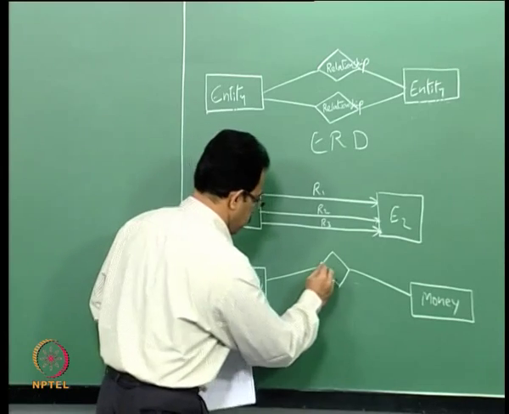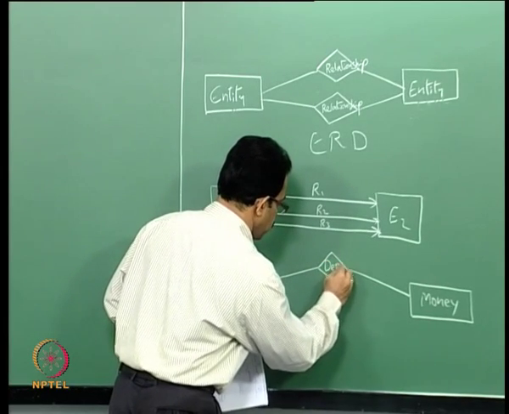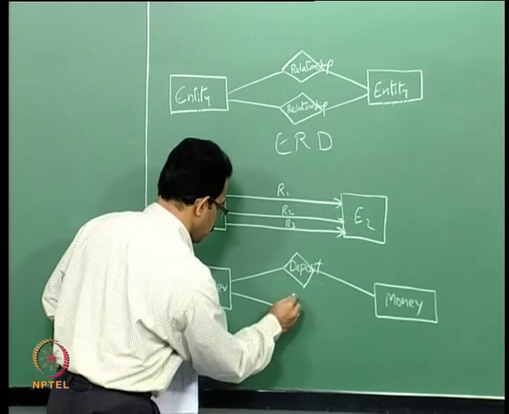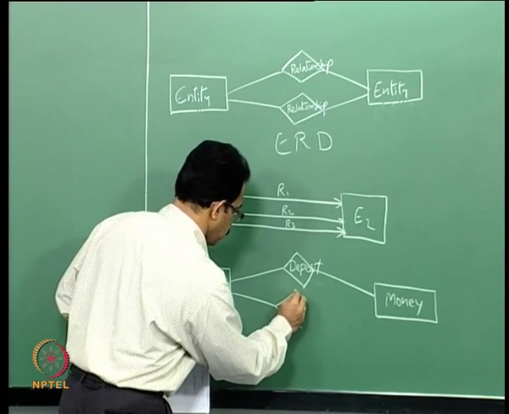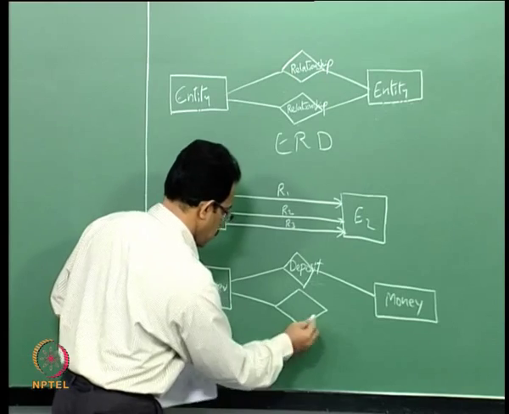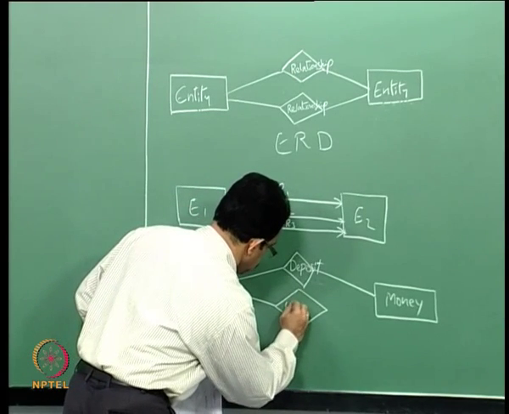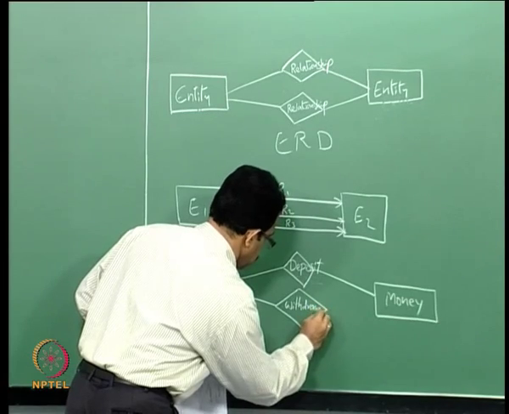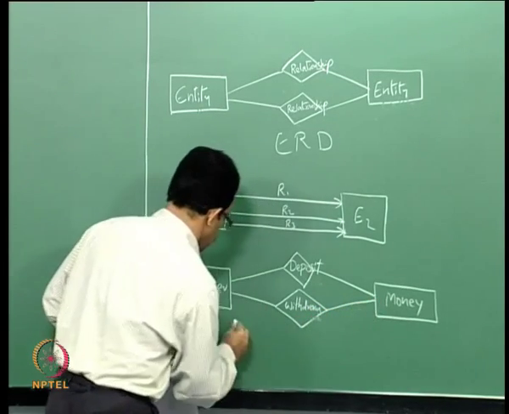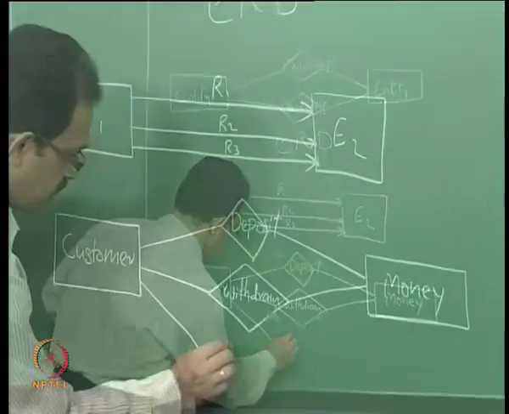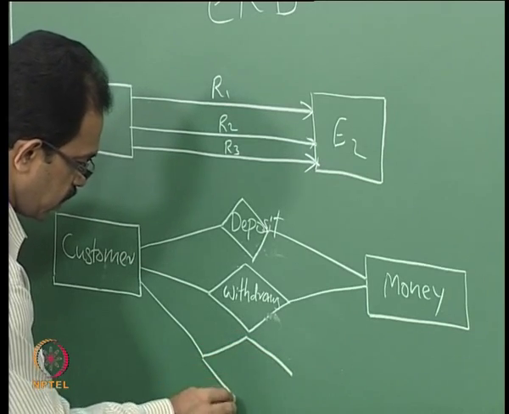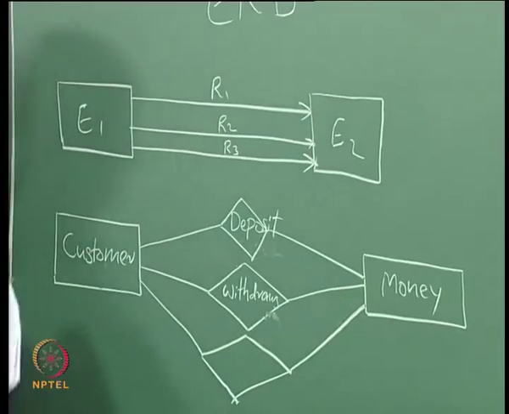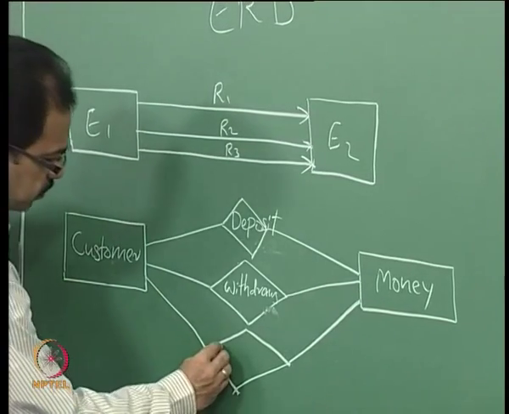Here, customer deposits money, so that can be one relationship, and the other one is customer withdraws money. Maybe another relationship, of course, you can have many such relationships, and transfer money.